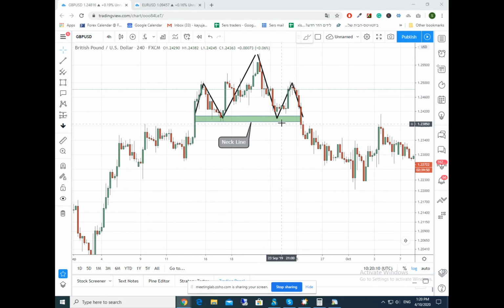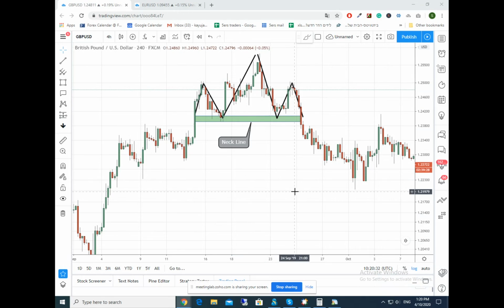So that should raise a red flag for forex traders when the price succeeds to create a new bottom at the same level as the previous one after a significant uptrend.